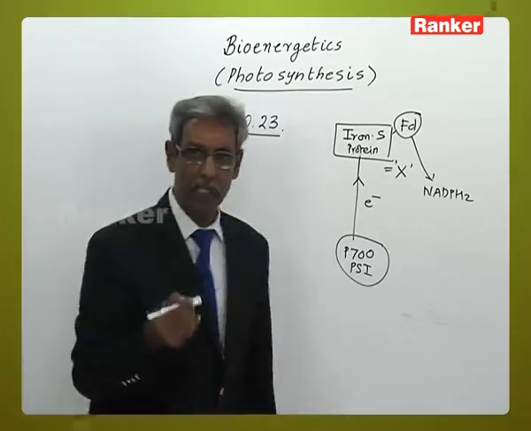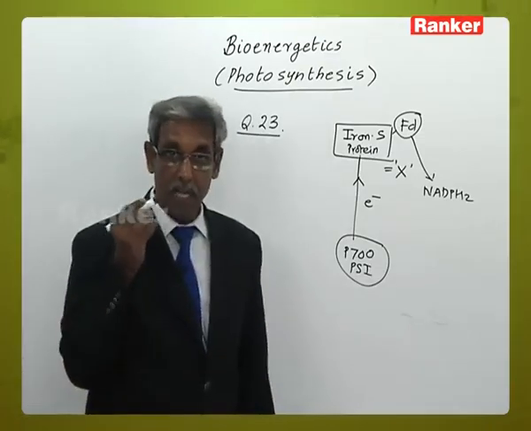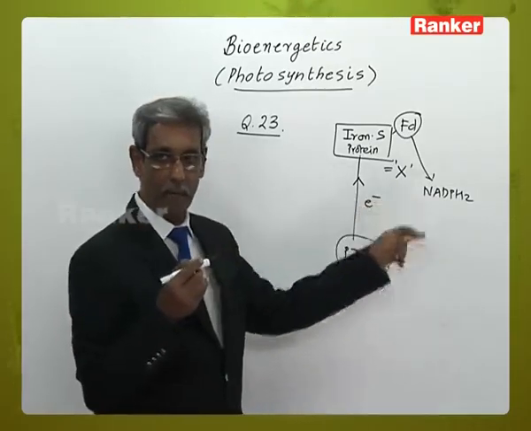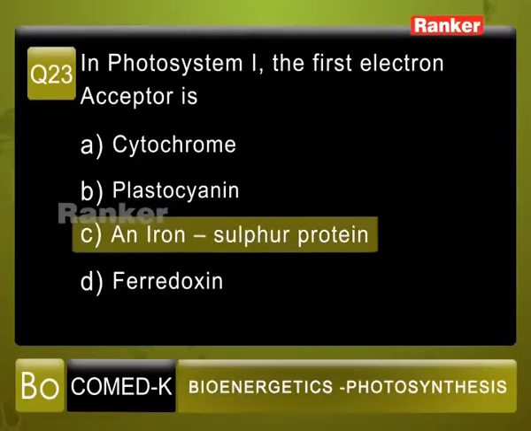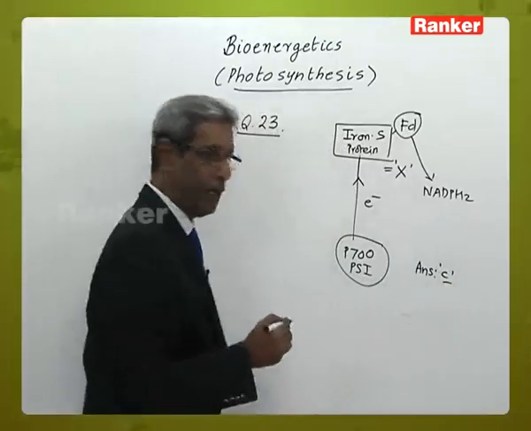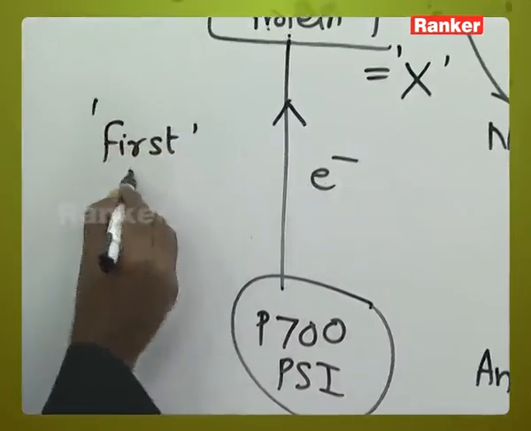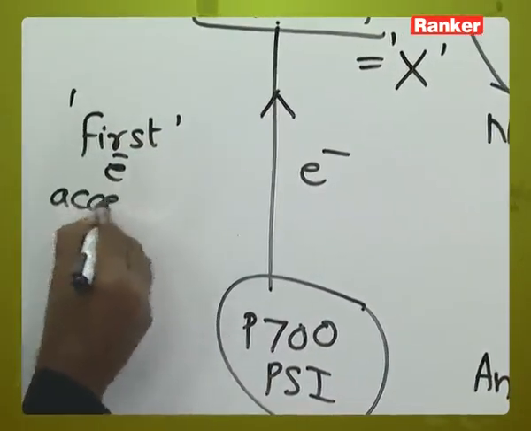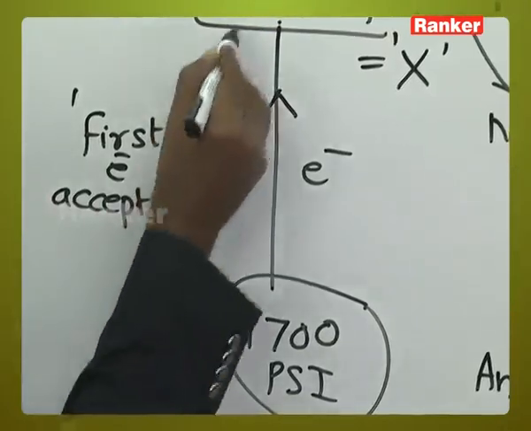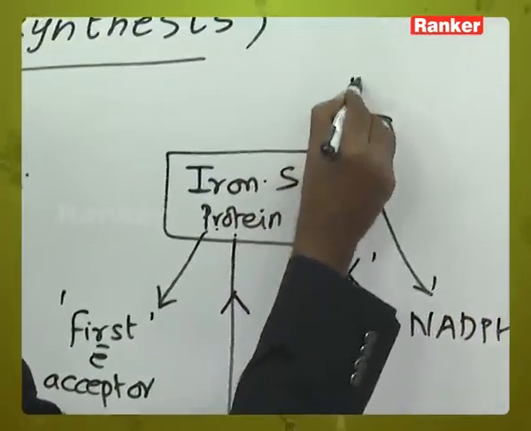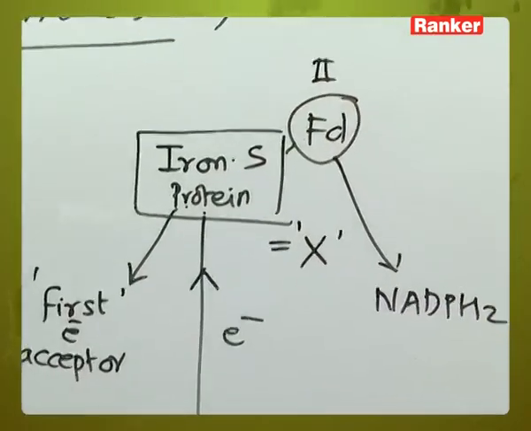So, among the choices in photosystem 1, the initial electron acceptor is the iron sulfur protein, hence the answer is C. The most important word here is the first electron acceptor. What is the first initial electron acceptor, and later on at the second level it goes to ferredoxin.